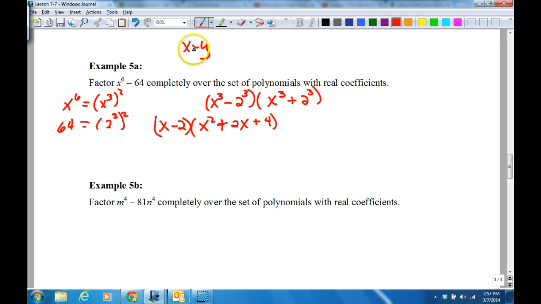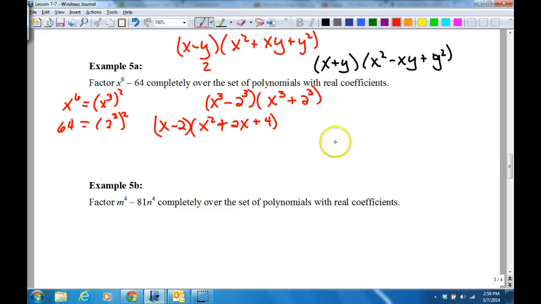Because you do x squared, which is the second section. Okay, so you guys remember that my x is x, my y is a 2. How did you know that?